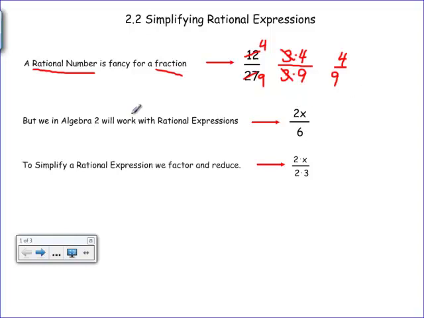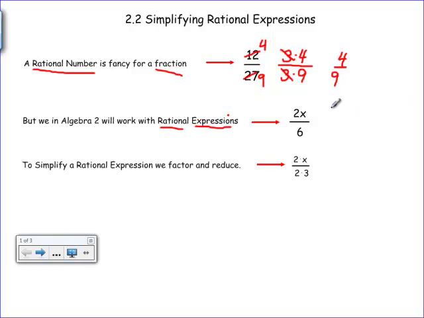So that leads us to what we're doing today. We are working with rational expressions, and notice how this is different from 12 over 27. I have a variable in it. That's why it's an expression, because it's not full numbers.